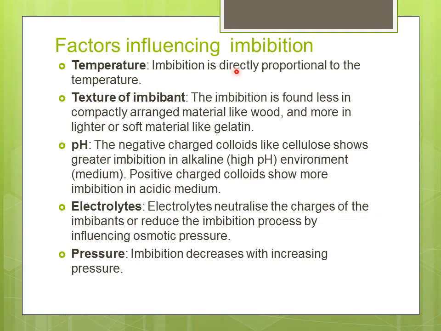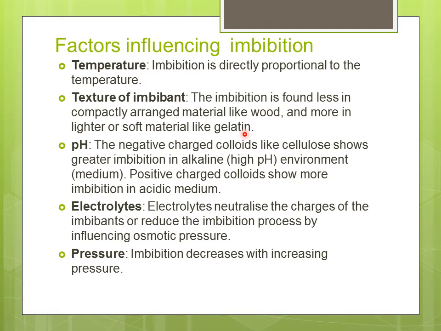Now imbibition is directly proportional to temperature. So if the temperature increases, the imbibition also increases. Now texture of imbibant: imbibition is found less in compactly arranged material like wood and more in lighter and soft material like gelatin.